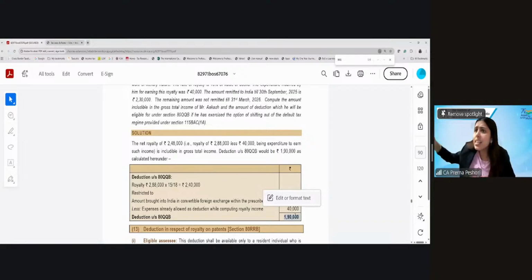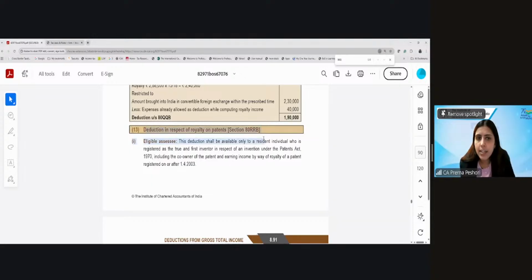Under 80IA, 80IB also you do the same thing. It is the profits that you allow as deduction and not the receipts. Yes or no? So you will allow a deduction of expenses, and then the income which is there, which is basically the net income, is allowed as deduction under 80QQB. Fine? Yes or no?